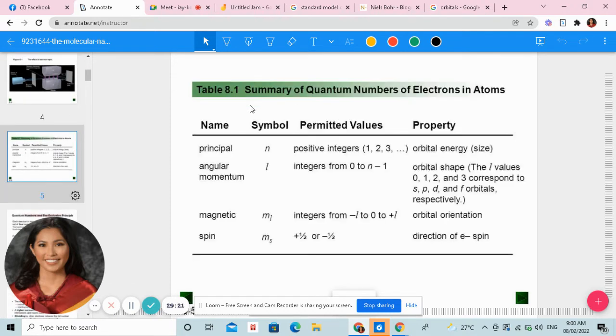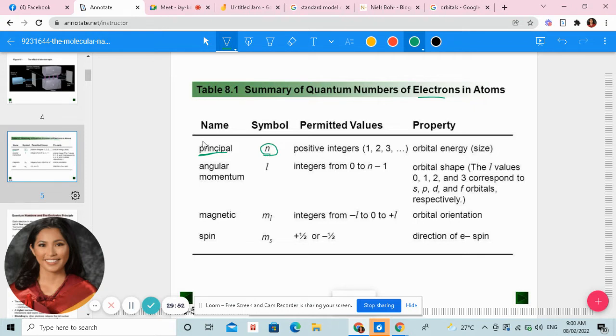Okay. All right, so we have the quantum numbers of electrons in an atom. We have four quantum numbers of electrons. First is the principal number, which is denoted by the symbol n.